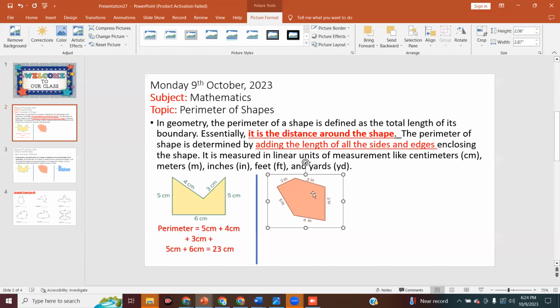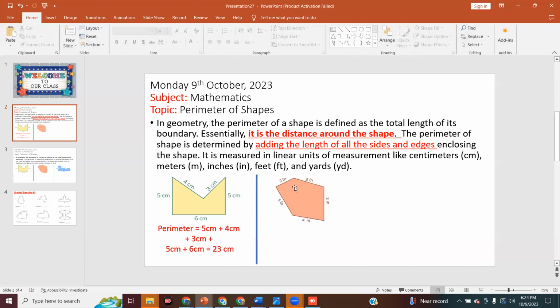Once you finish, put your answers inside the chat for me, please. Find the perimeter of this polygon, this five-sided polygon. And remember, the perimeter is found by calculating the distance around the object.